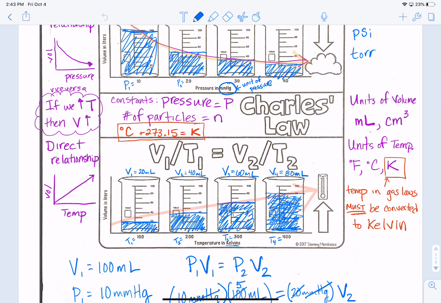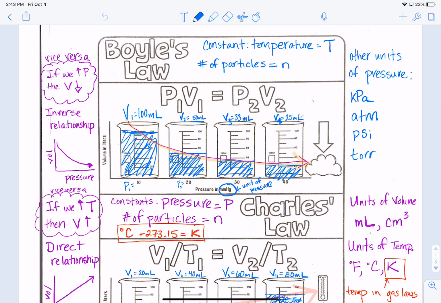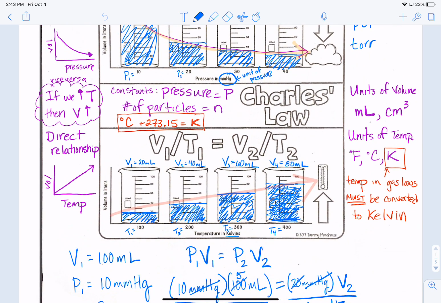So now you know. That is for all of Charles' Law, anytime temperature is involved and you're about to put a temperature into any one of these gas laws. Now, Boyle's law doesn't even involve temperature, so there's no worry there. But Charles' law, Gay-Lussac's law, which we're going to learn later, and the combined gas law all involve temperature.